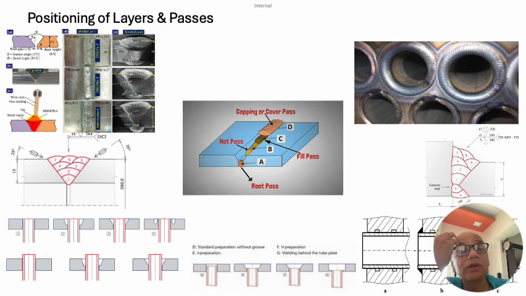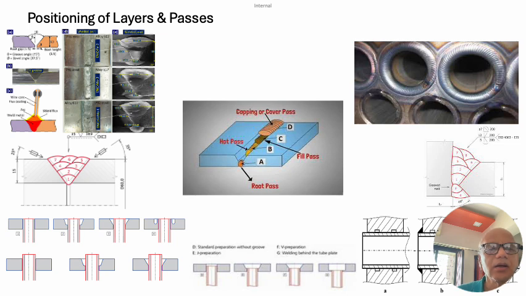The positioning of layers and passes is, as you see here in the first center, that we have a hot pass, the root run as we call it, and then we have the fill passes, and after a number of fill passes we have the capping or the covering layer. So that is also described here, and as we see on the visual, internally you see clearly two lines. One is the fusion line, another one is the penetration line.